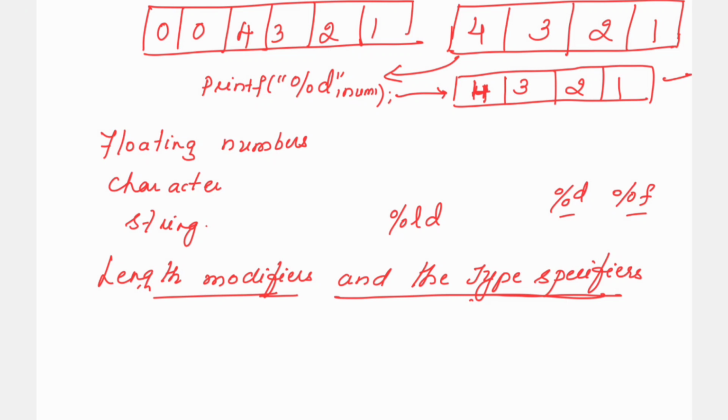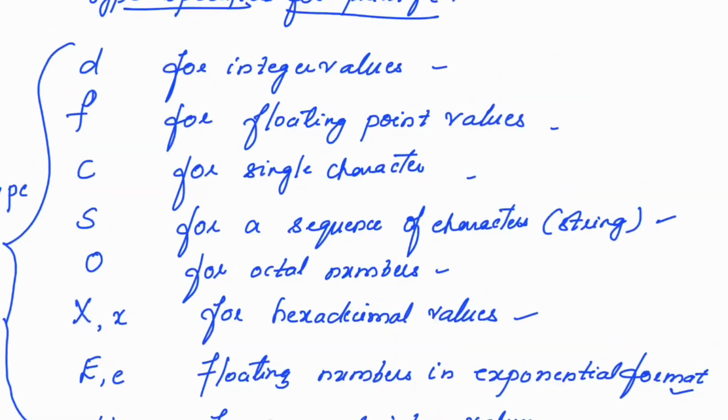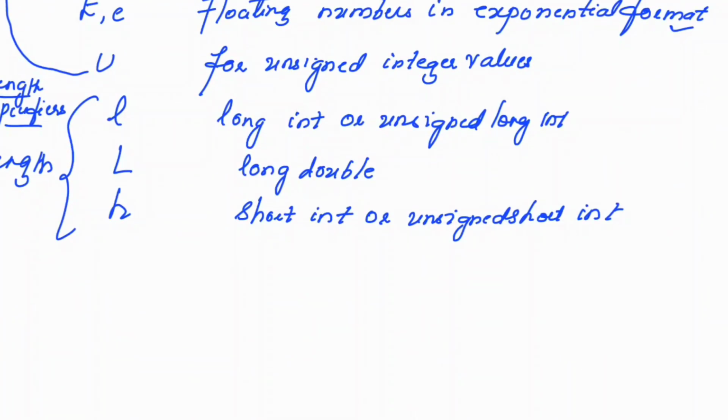There are 3 length modifiers, H, L and uppercase L, whereas you have C, D, F, E, G, O, S, U, X as the type specifiers. So these are the type specifiers for printf, and these are the length specifiers for printf.